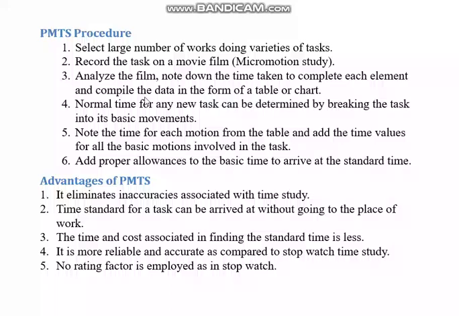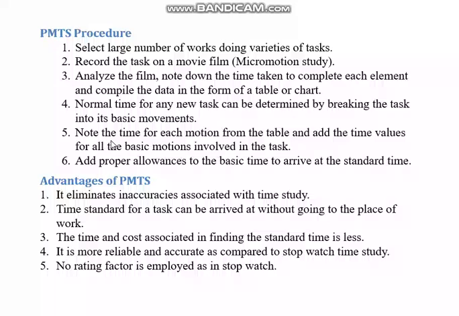Okay, now once you have done that, the normal time for any new task can be determined by breaking the task into its basic movements. Again, cutting the main task into smaller elements of time, elements of the task. Then you can determine the normal time.